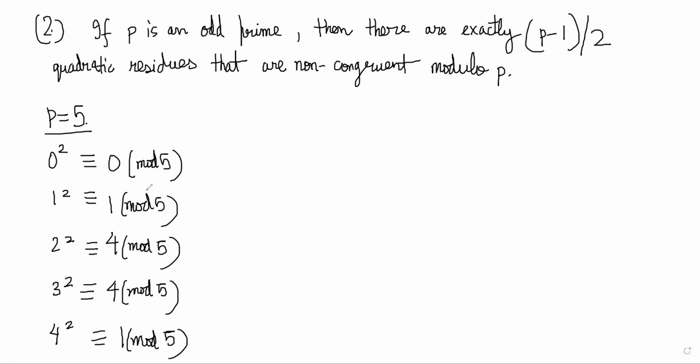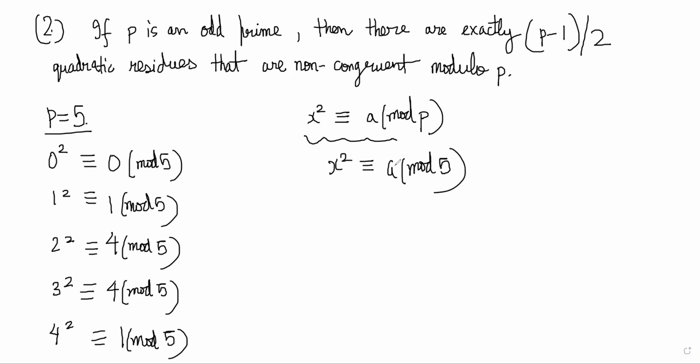Notice that x square is congruent to a mod 5. Which a's will have an integer solution? You should realize that the only possible a's are 0, 1, and 4.